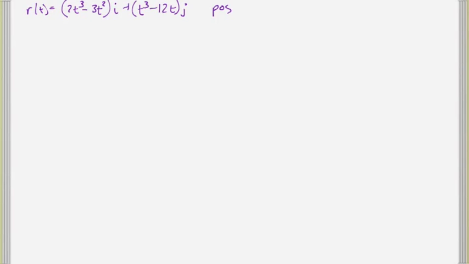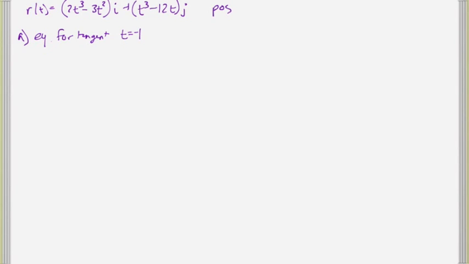This is a position. Part A of this question wants us to write an equation for the tangent at the point where t equals -1. What do we need to write an equation of a tangent line? A point and a slope.